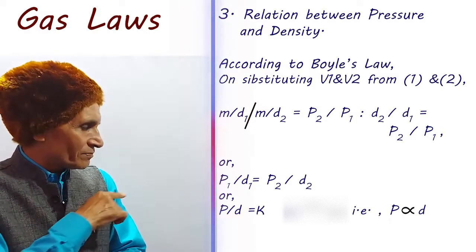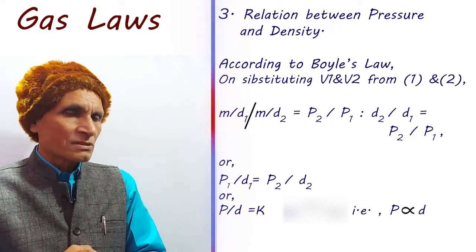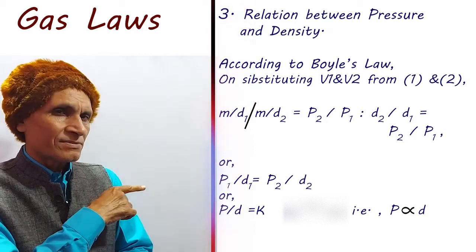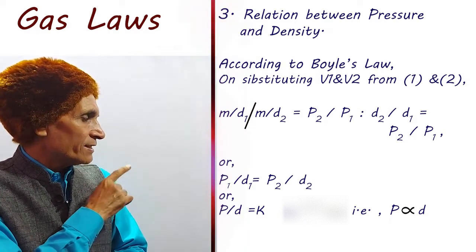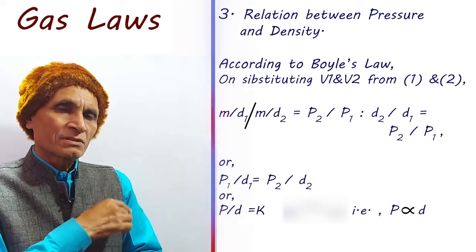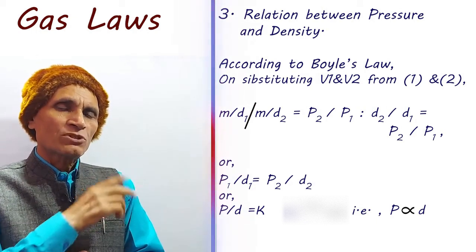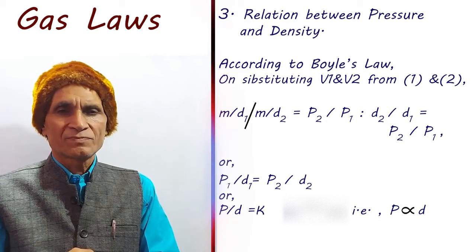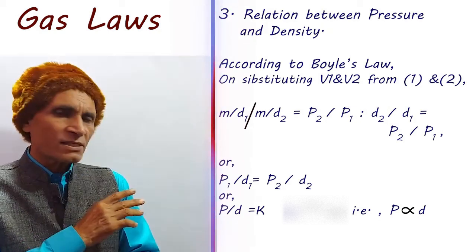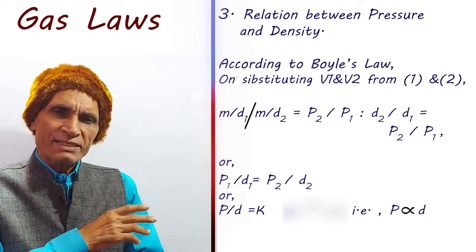Then it can be stated as: the density of a definite mass of a dry gas is directly proportional to applied pressure. That is about Boyle's law, relation between pressure and density.